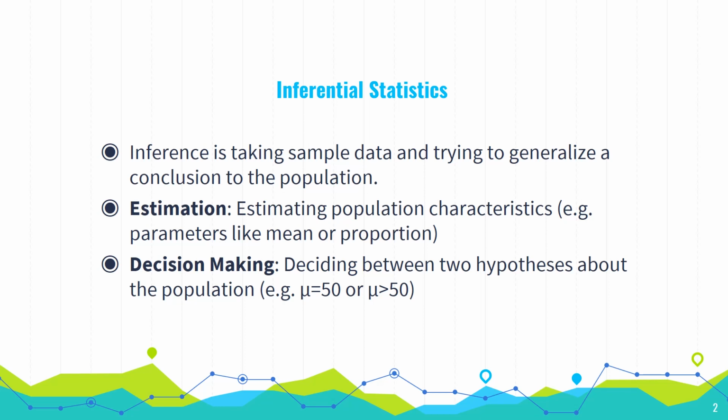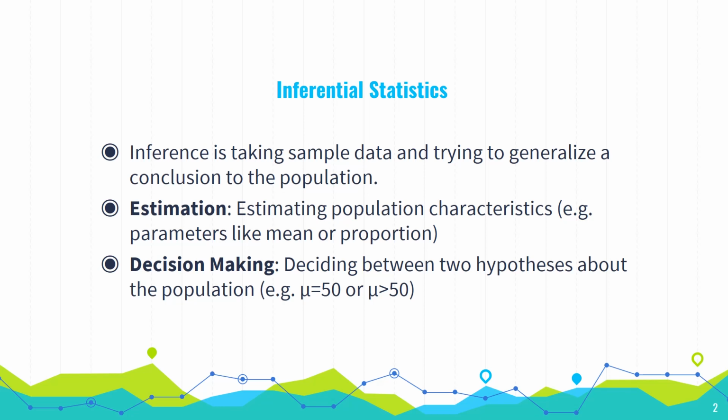And there's, roughly speaking, two types of things we can say about the population. There's estimation, where we're trying to estimate some population characteristic, for example, the population parameter, like the mean or the proportion in a population. And then there is decision making.